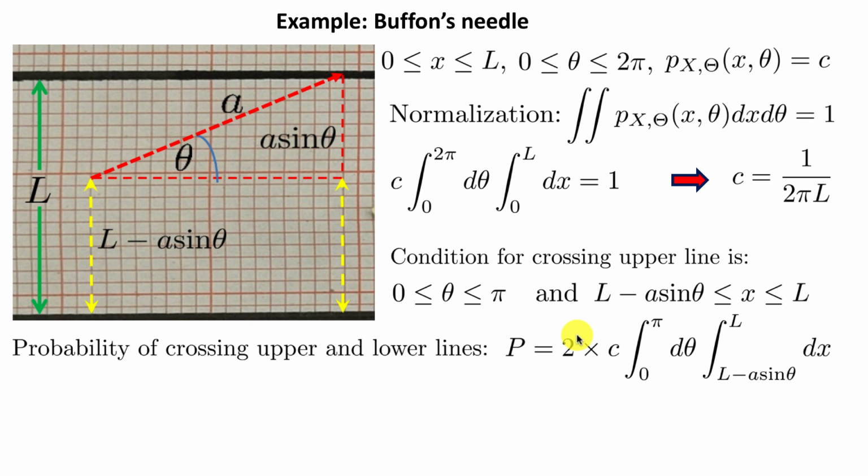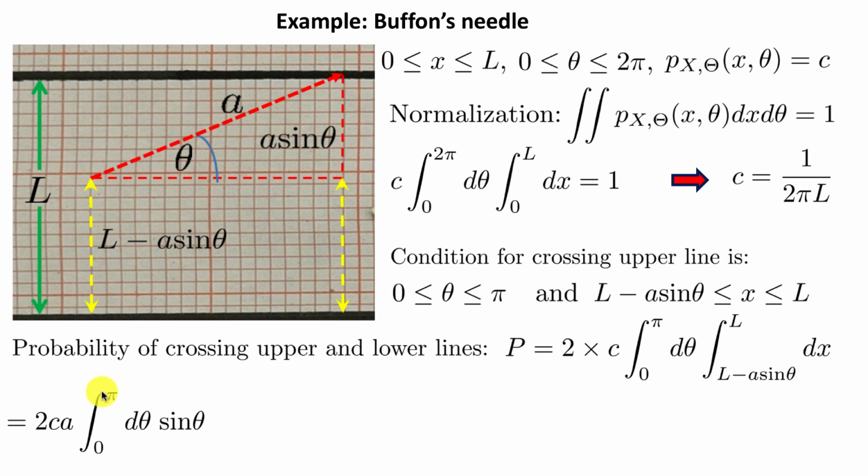So now we can trivially do the inner integral. That inner integral over here is just x between L and L minus a sine theta, which is a sine theta. So we get 2a sine theta, and now theta is integrated between 0 and pi.